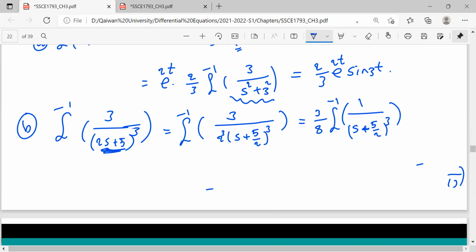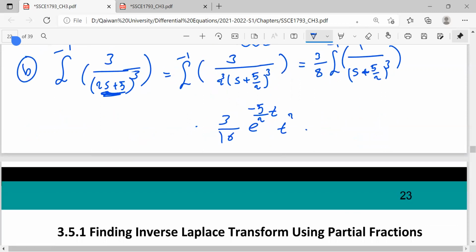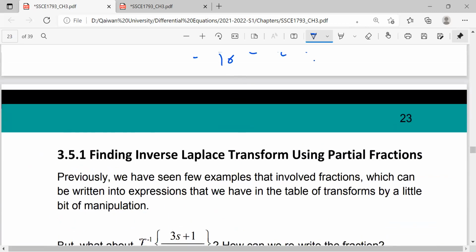The result is 3 over 16 e to the power minus 5 over 2 t, times t squared. This is the result. Do it by yourselves, okay?